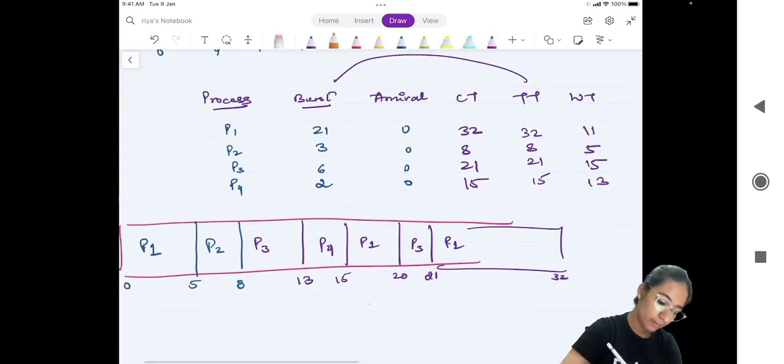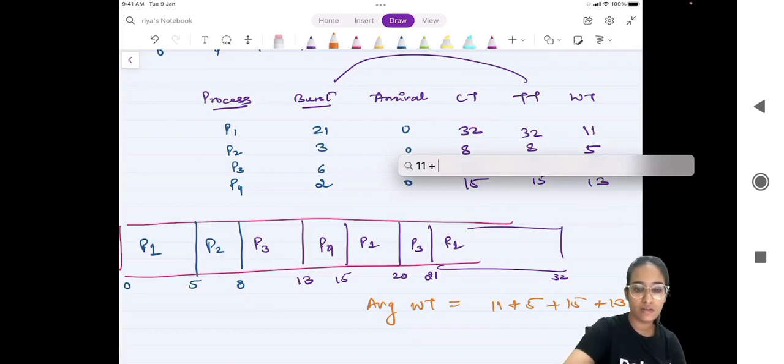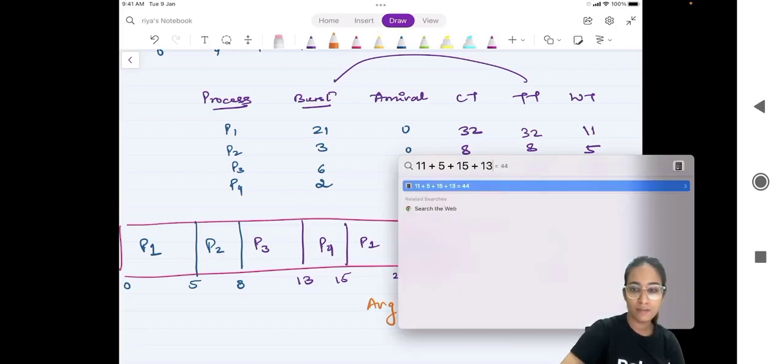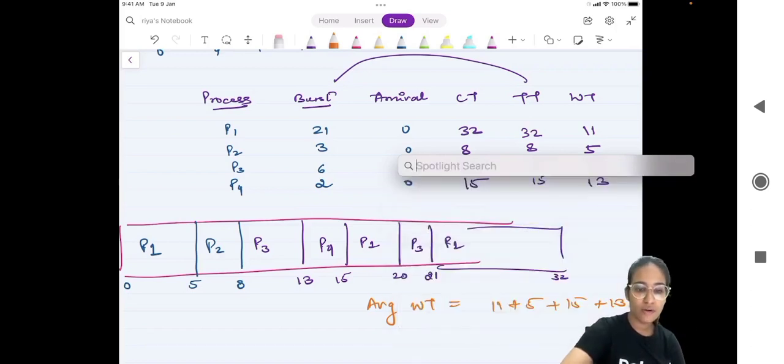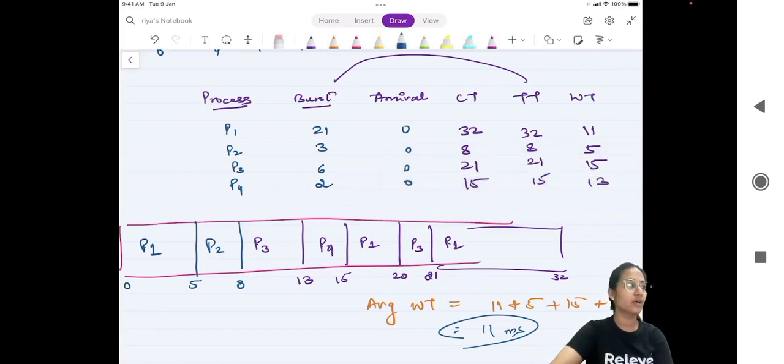Okay, so what will be the average waiting time? 11 plus 5 plus 15 plus 13, which is 44 by 4, which is 11. So 11 milliseconds is the waiting time on average for this process. Okay, and that's the overall idea of this particular process.